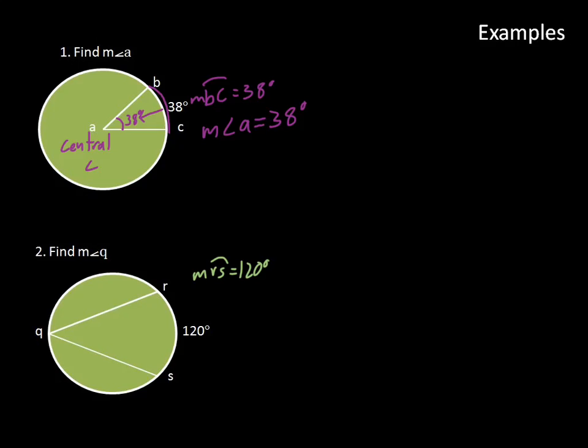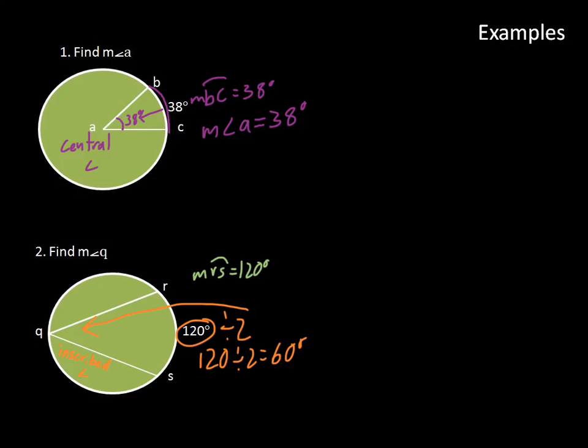So this one's an inscribed angle, which means it's going to be half of its arc. So we take this number and divide it by 2. 120 divided by 2 equals 60 degrees.